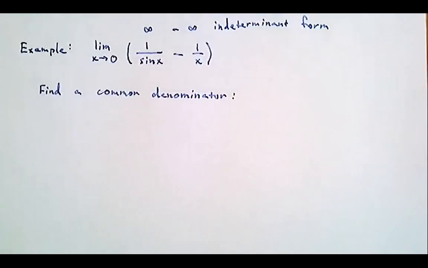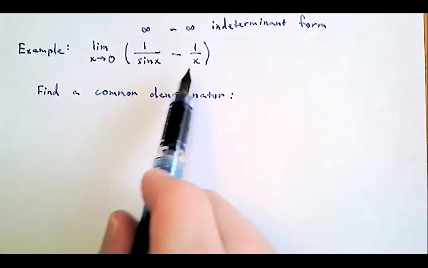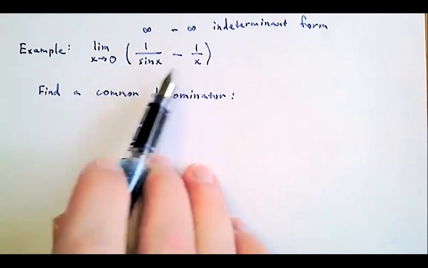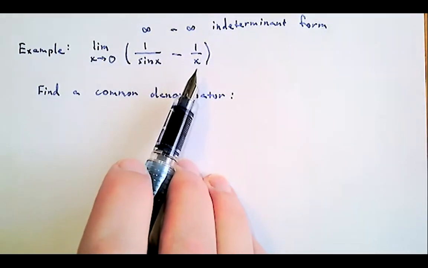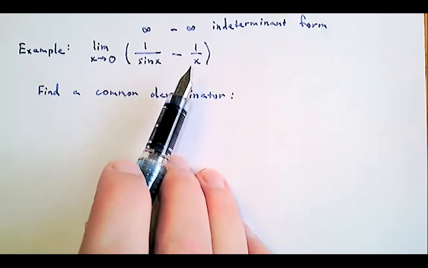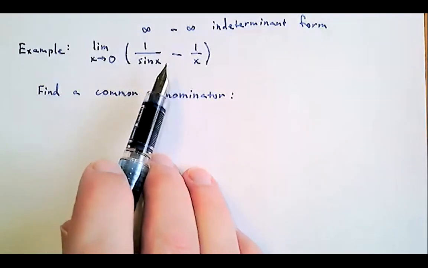So that's what we'll do. Essentially what we have to do is combine the two denominators. So this one has just sine x, this one has just x. So the common denominator will be x times sine x.